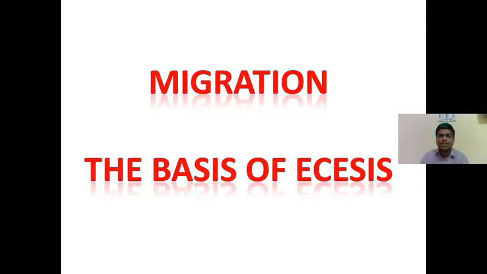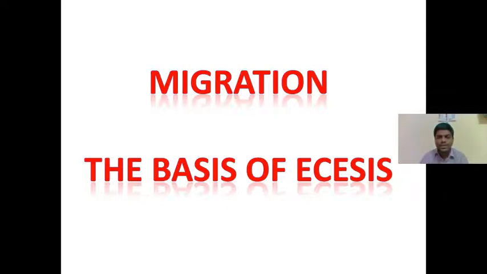Migration is the movement of organisms from one place to another place, and that movement is permanent. So shifting of organisms from one area to another area, and that shifting is permanent. So migration is considered the basis of Ecesis.